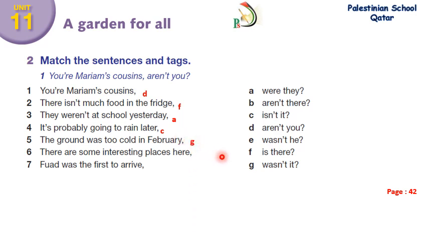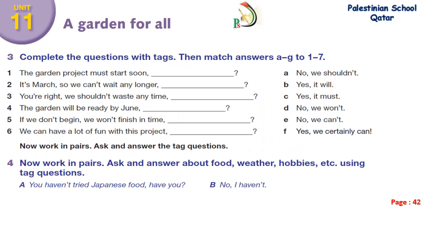G, wasn't it? There are some interesting places here. B, aren't there? Fuad was the first to arrive. The answer is E. Let's go to complete the exercises.